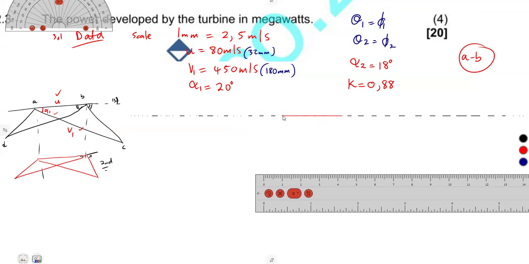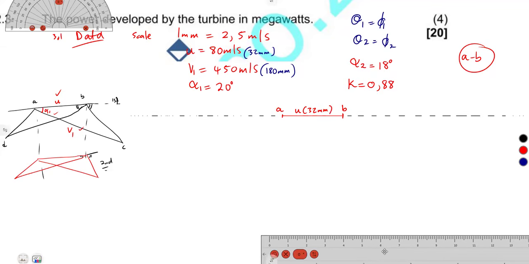Okay, so this is our line AB. So this is what we are having as our AB, representing the mean blade velocity, our U, which is 32 what? Millimeters. Okay, so this is what we have.